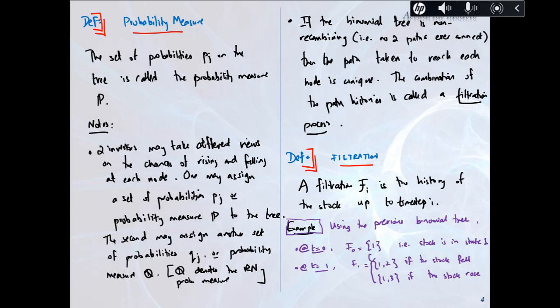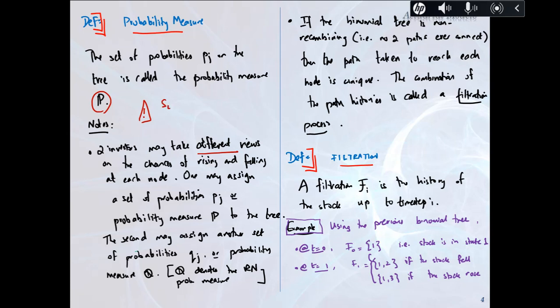So probability measure, I think you understood this. I mentioned that we have the market probability, historical probability, versus the risk neutral probability. One thing I would like to point out is that we can have different views. Why?